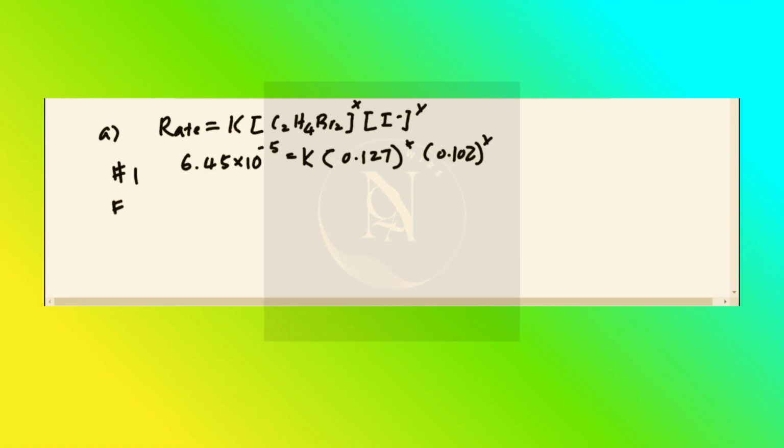I can do the same thing for experiment 2. So again, these are the initial concentrations. We just plug in, and we will be able to write these 3 equations.